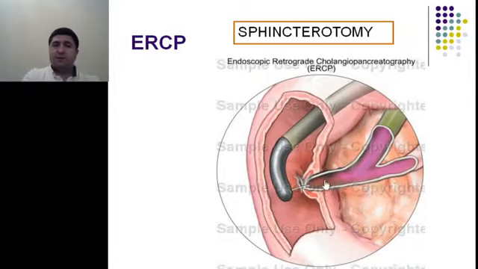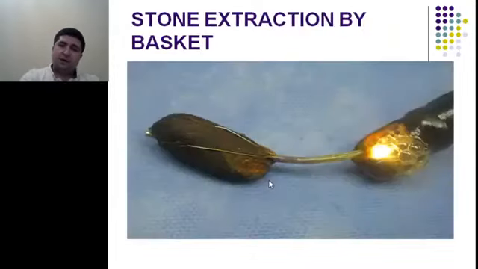After that, we remove this catheter with the contrast and enter special equipment. It's called a Dormia basket. So if we find stones, we enter the Dormia basket. With this Dormia basket, we try to remove these stones, and it looks like this.